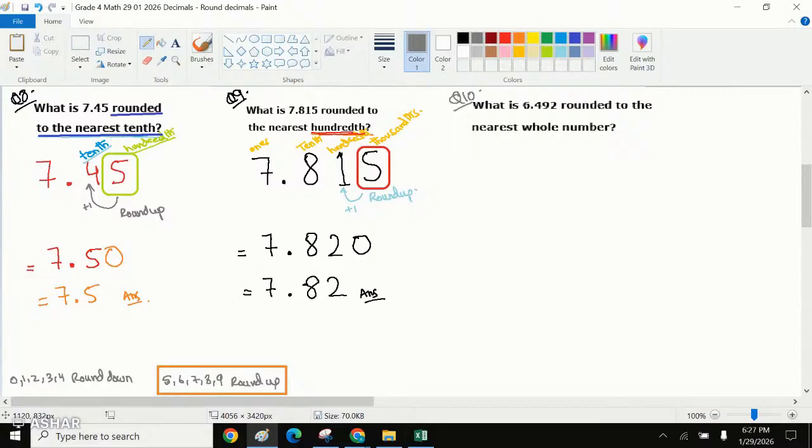Okay, so what we can write is 6.492. We need to round this off to the nearest whole number.